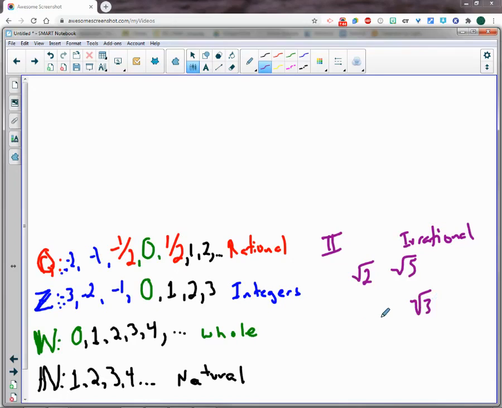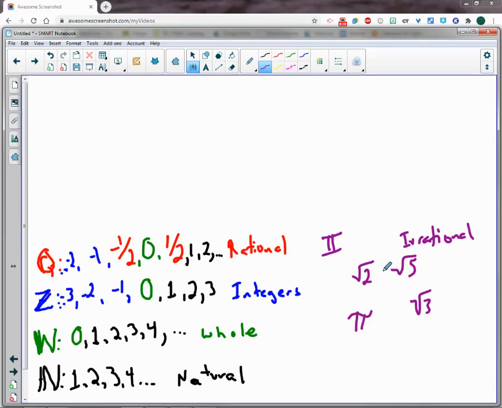Now, of course, the square root of 4 would be 2, so that would be a natural number. The square root of 9 would be 3, a natural number. Square root of 16 would be 4, and so on. But all the other square roots, you put into a calculator or a computer, and those decimals will keep going as far as the screen will let them, but they go on forever and they never repeat. And then, of course, there's the most famous irrational number of all, and that is pi.